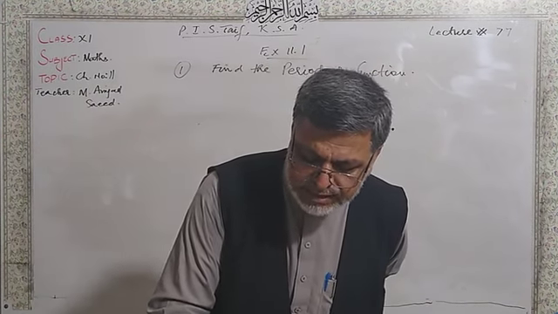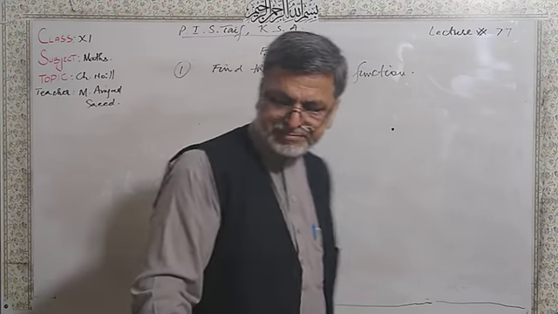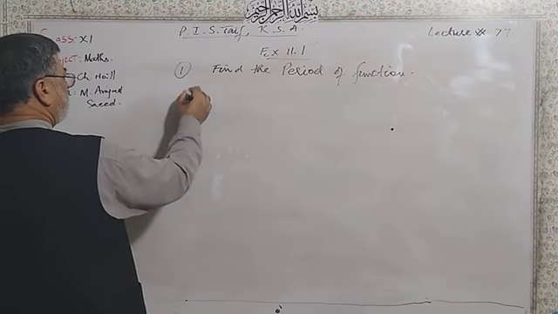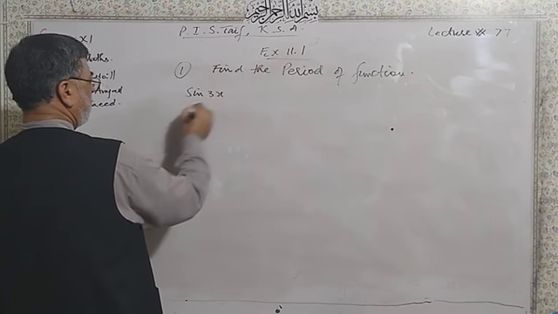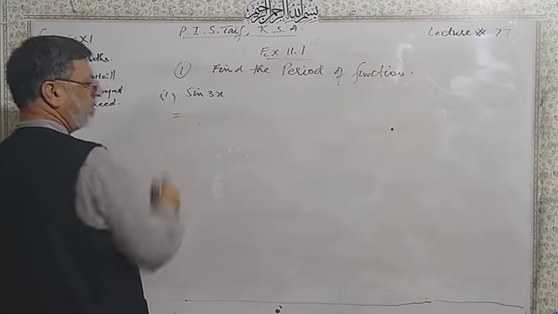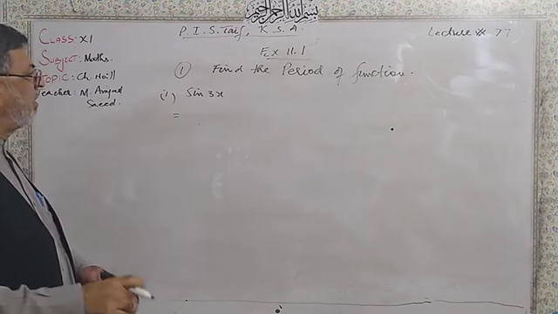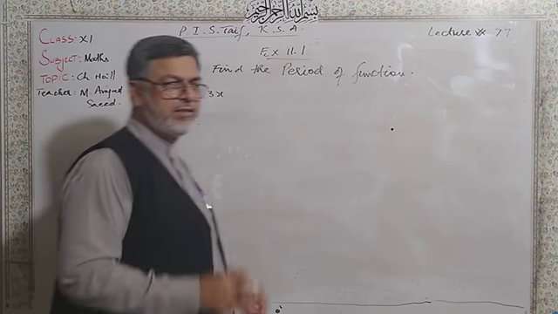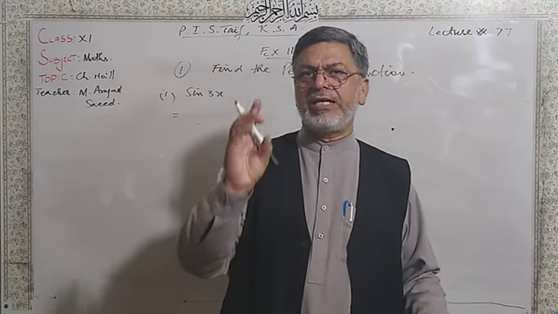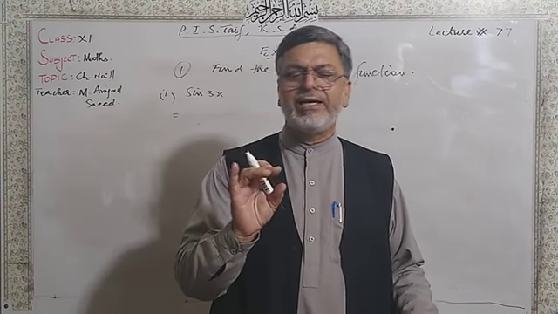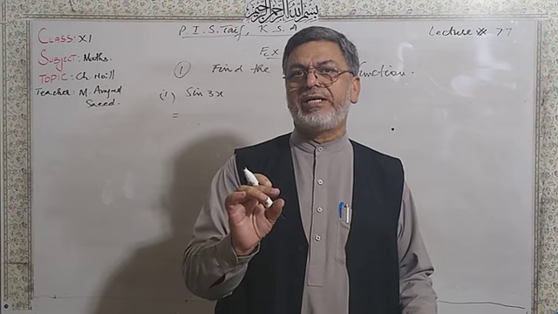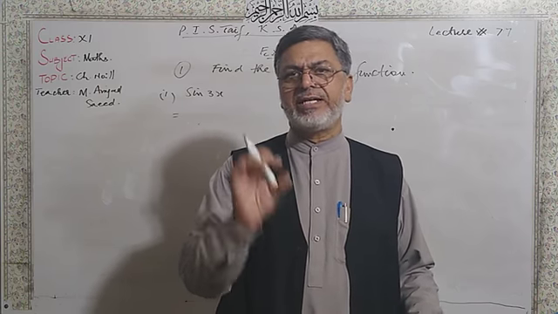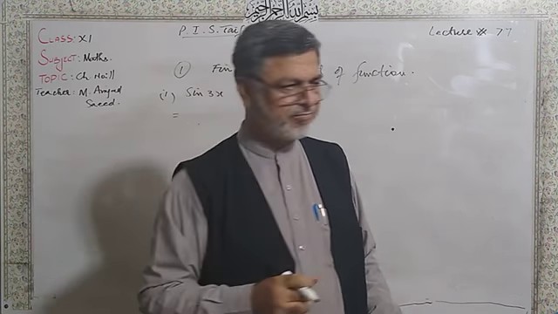Our first part is sine 3x. Dear student, what is the period of sine function? In previous lecture we have seen that the period of sine function and cos function is 2 pi, and the period of tangent function and cotangent function is pi.